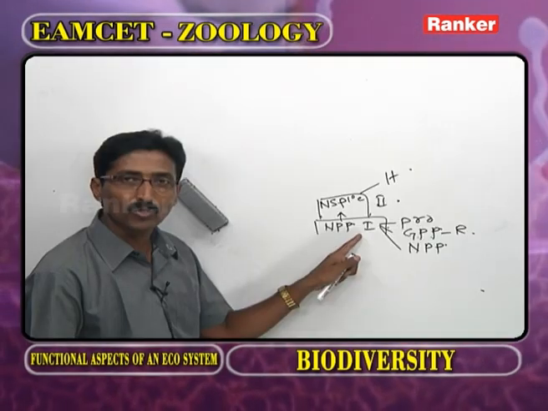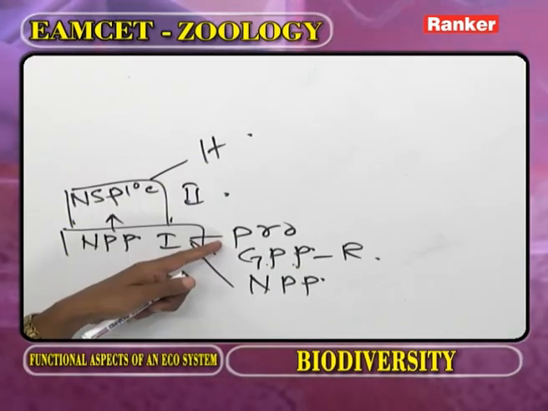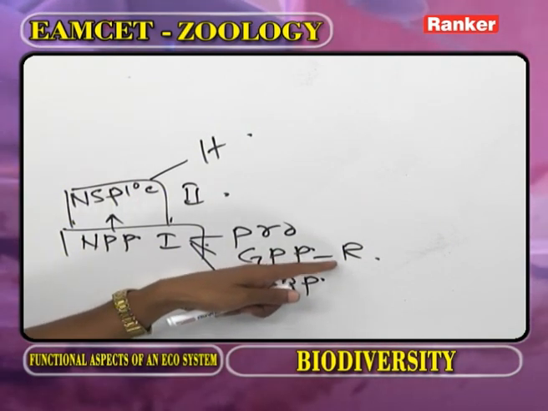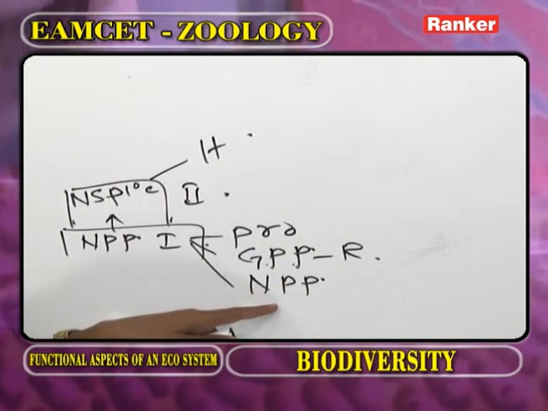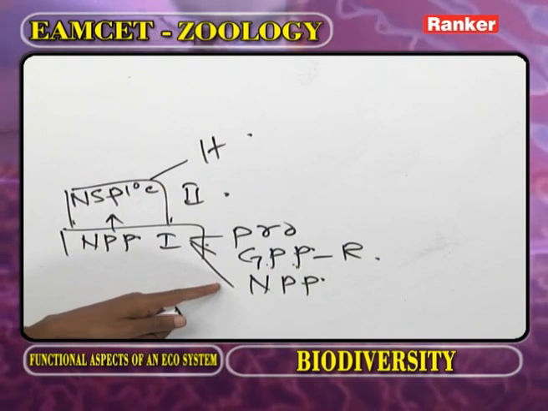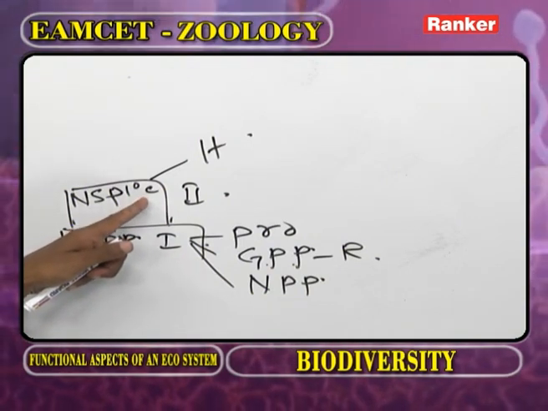Now again you have to observe this diagram. In the first trophic level, what is present? The producer. The producer prepares GPP. From the GPP, what is removed? R, that means respiration. Now we get NPP. In the body of producers, what is present? NPP. That NPP is eaten by the primary consumer or herbivore.